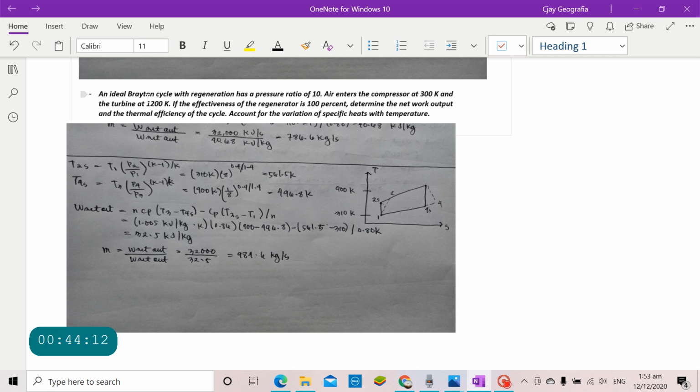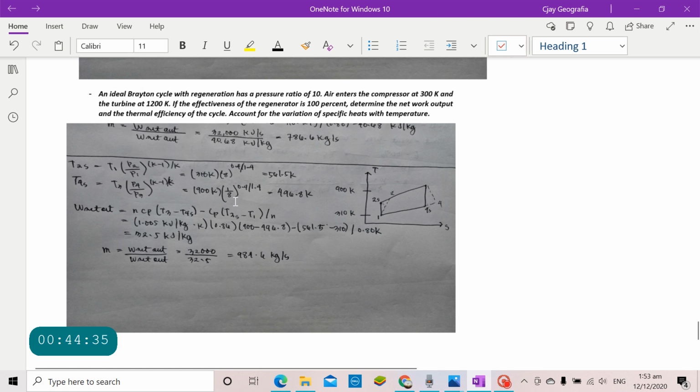Account for the variation of specific heats with temperature. The solution: an ideal Brayton cycle with regeneration is considered. The effectiveness of the regenerator is 100%, so the net work output and the thermal efficiency of the cycle are to be determined.